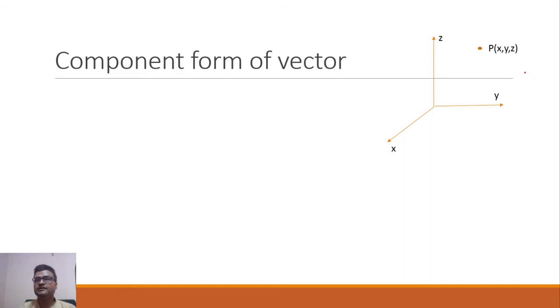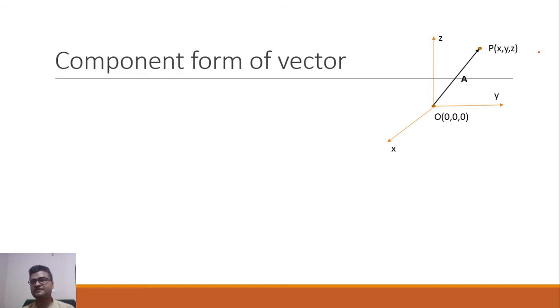So let us consider that in this coordinate system there is a point P which has coordinates x, y, z. It is its location, and in every coordinate system we have an origin which is located at 0, 0, 0. So if we draw a vector which starts from point O and reaches point P, this vector is obviously denoted by an arrow.